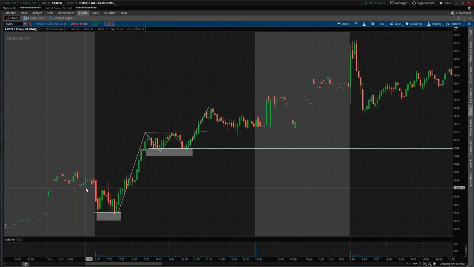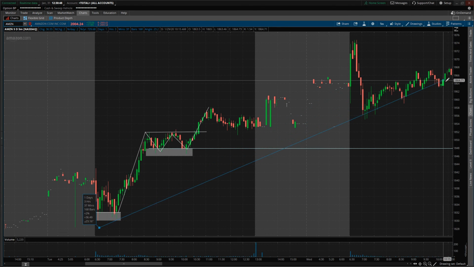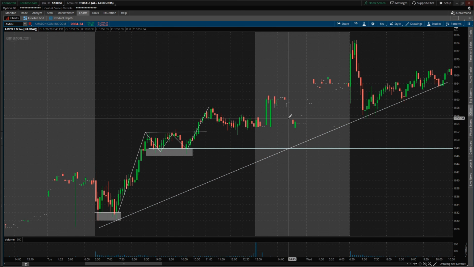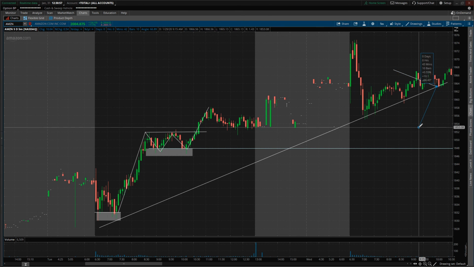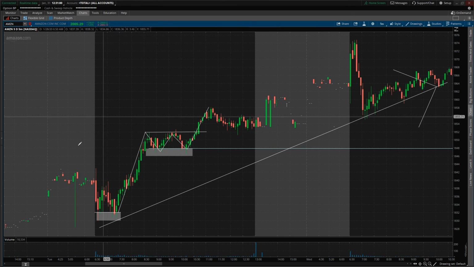That continuation move to the top side is telling me that overall Amazon is moving up. The overall trend is up, and we can see that even into, this is after hours trading, even into the next day we continued up. And so that's how you can use candlesticks combined together to determine a market direction or a stock's direction.